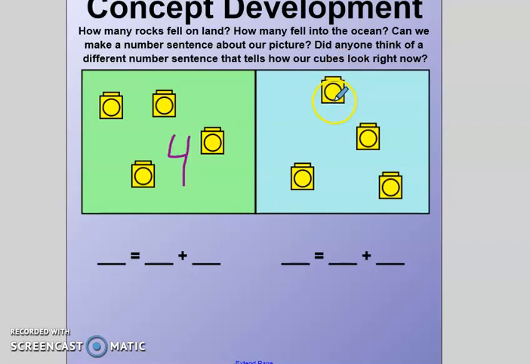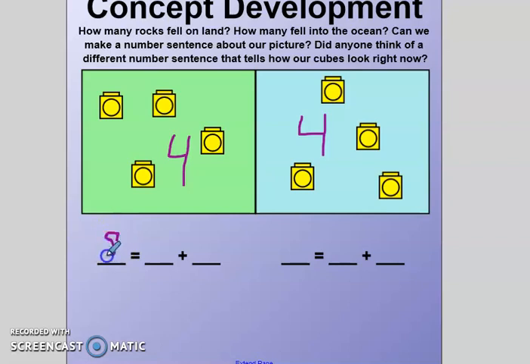And then how many in water? 1, 2, 3, 4. Phew. Thank you guys for helping me. And so I labeled my parts first. Now I'm ready to count my whole. Here we go. 1, 2, 3, 4, 5, 6, 7, 8.